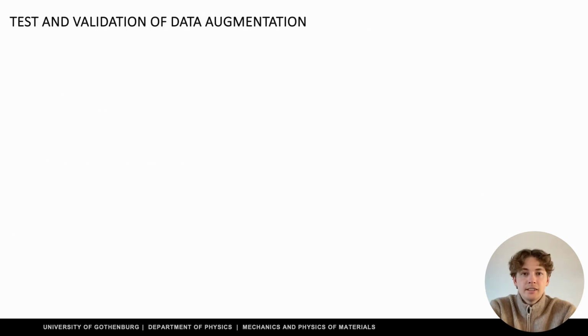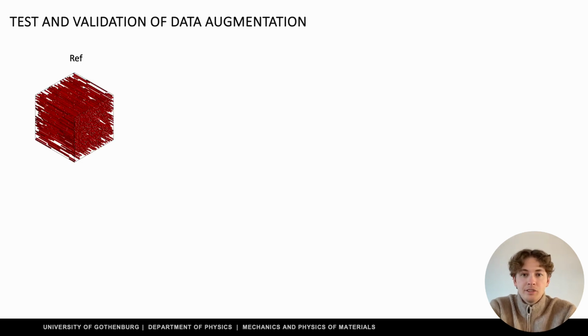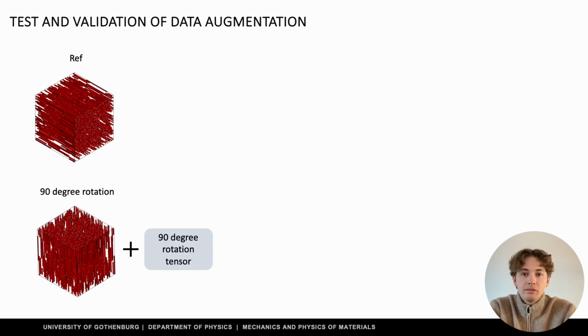To validate the data augmentation approach, we start with a unidirectional RVE as our reference, and then by rotating the fiber orientation 90 degrees, we can generate a new RVE. We use the same input for these simulations with the same strain paths, but for the bottom case, we also apply a 90-degree rotation tensor to this strain path. We then rotate back the output stress of these simulations to the configuration of the reference RVE.